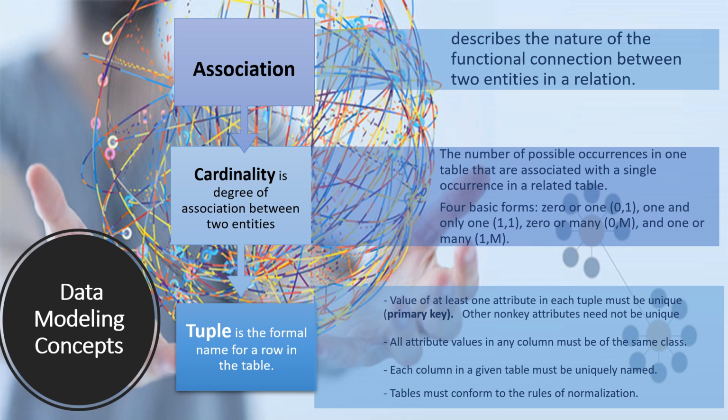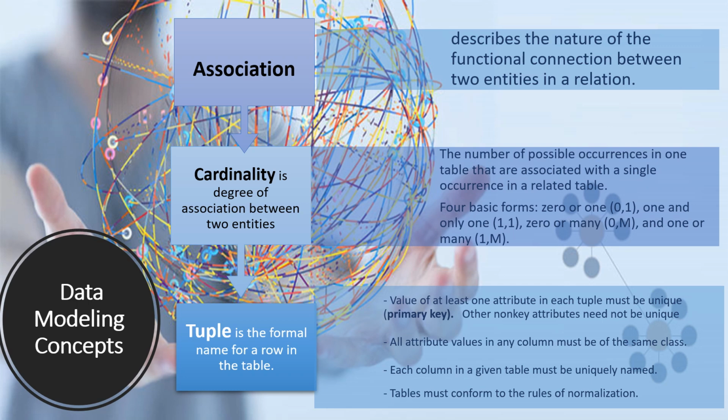Each column in a given table must be uniquely named, meaning that the label of each column in one table should be unique from other columns, and tables must conform to the rules of normalization. We will discuss today more details about normalization and the three levels of normal form 1, normal form 2, and normal form 3.